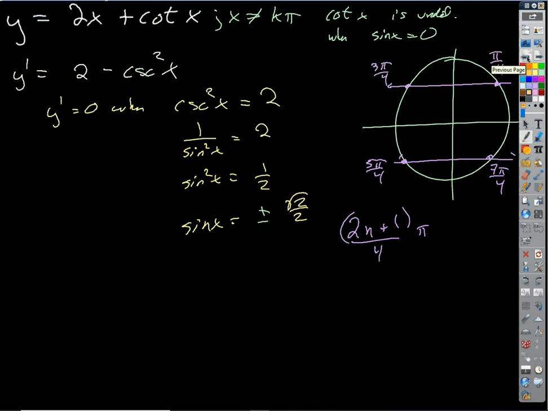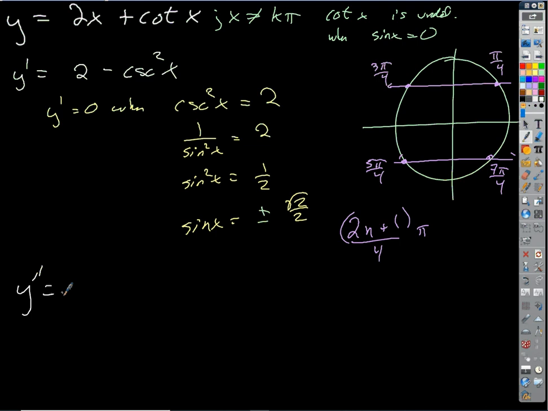What about the second derivative? We need to do it. Now, to do the second derivative, what is cosecant squared x? Cosecant x times cosecant x, so it'd be the quantity cosecant x squared. That's our shorthand. Remember, that's actually the outside function when we do chain rule here, right? So y double prime, derivative of 2 is 0, but then I'm going to get negative, derivative of something squared is 2 times that something, right?